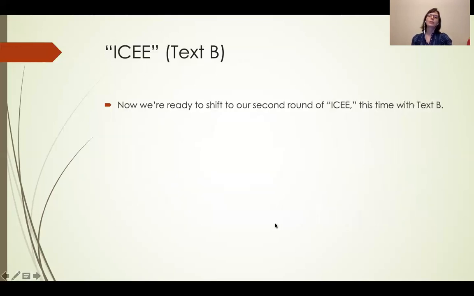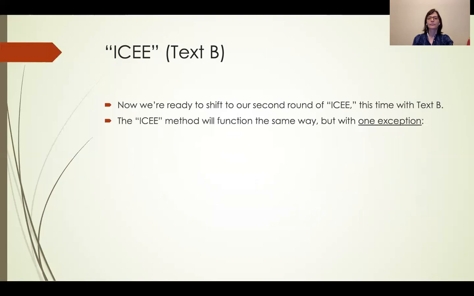Okay, so when we perform IC for text B, we're going to start thinking about how that might be a little bit different than when we performed it for text A. All in all, the IC method will function the same way the second time around, but with one exception.